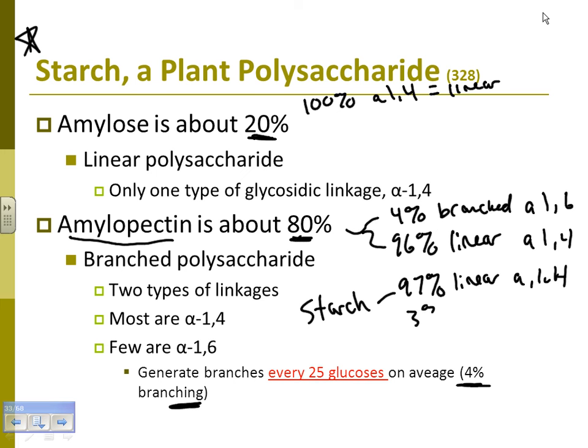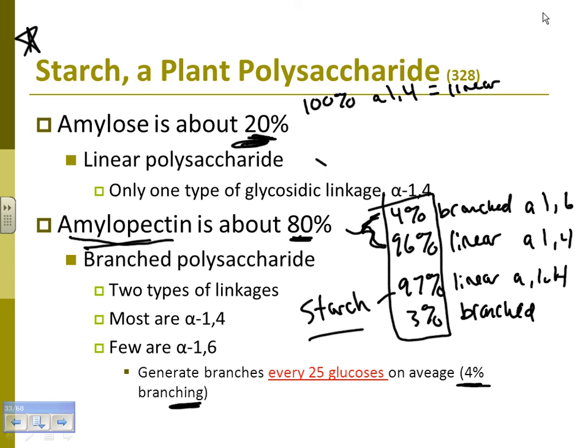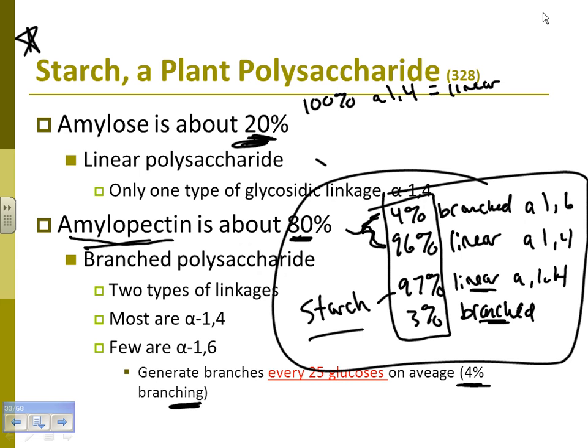Which makes it 3% branched, because it's your amylopectin, which is a little diluted with more of this linear amylose. So these are going to be your four options most likely. You have to know if he's asking about starch or amylopectin, and if he's asking about linear or branched, or what the linkages are. So know that really well.